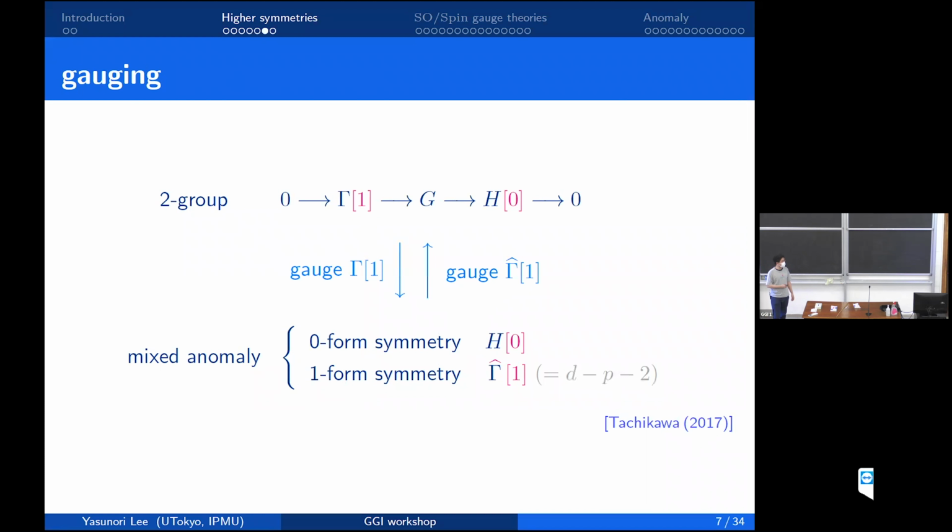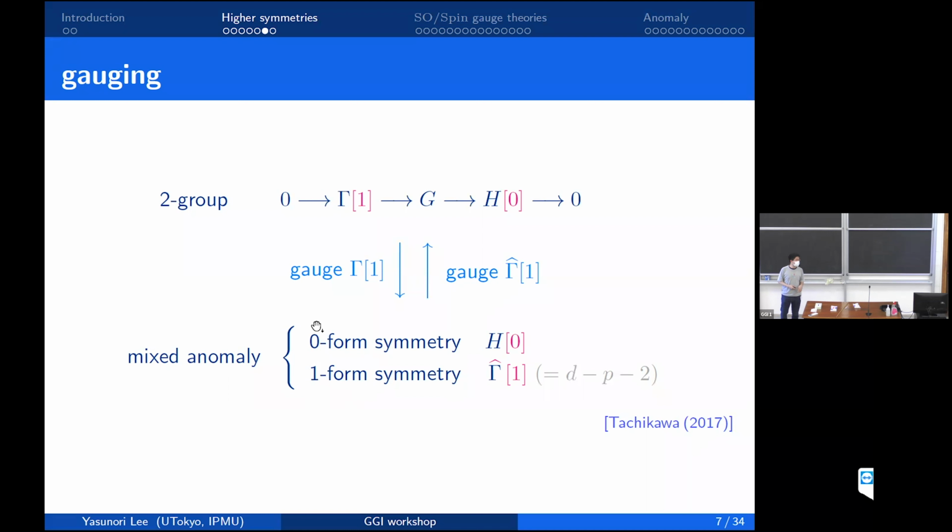Okay, so before going on to the example, I want to make a comment. Let's confine ourselves to 3+1 dimensions here and take gamma to be a finite abelian group. Then you can consider gauging the gamma 1 form, quote unquote, subgroup of this 2 group symmetry.